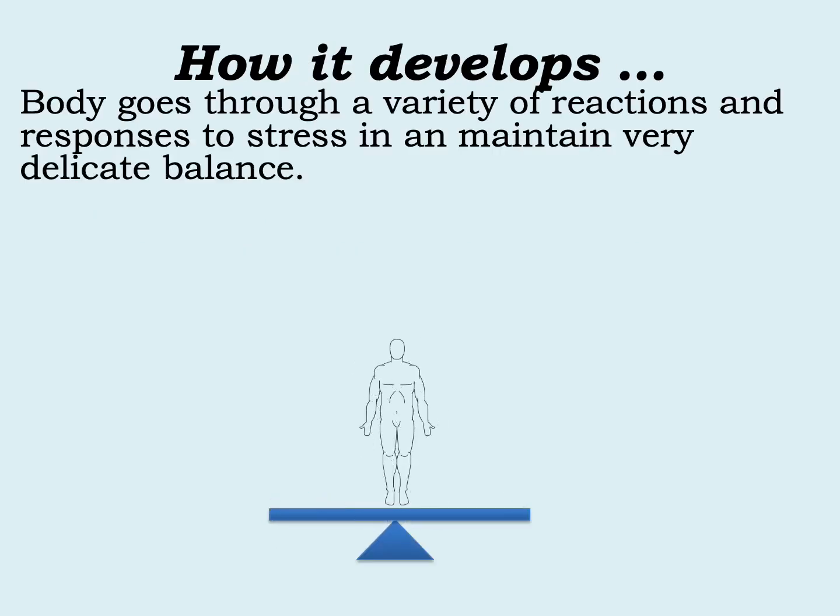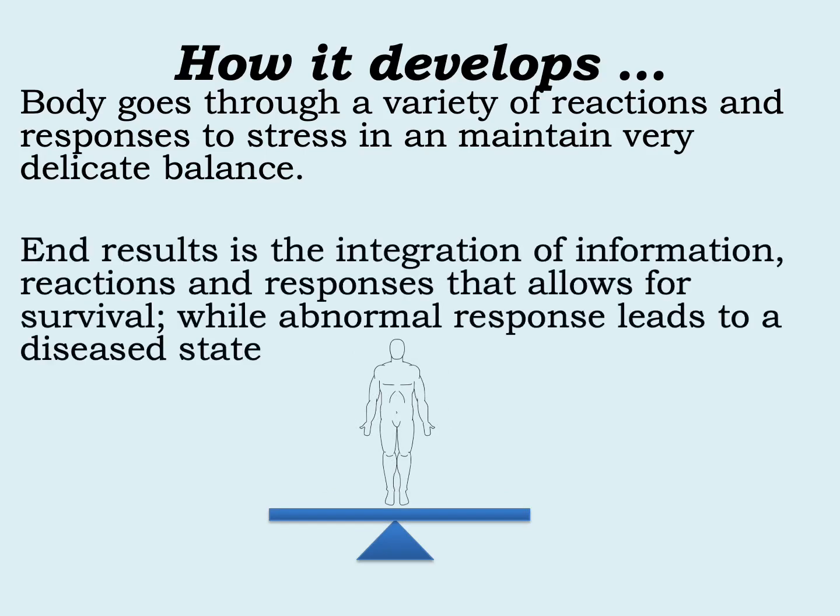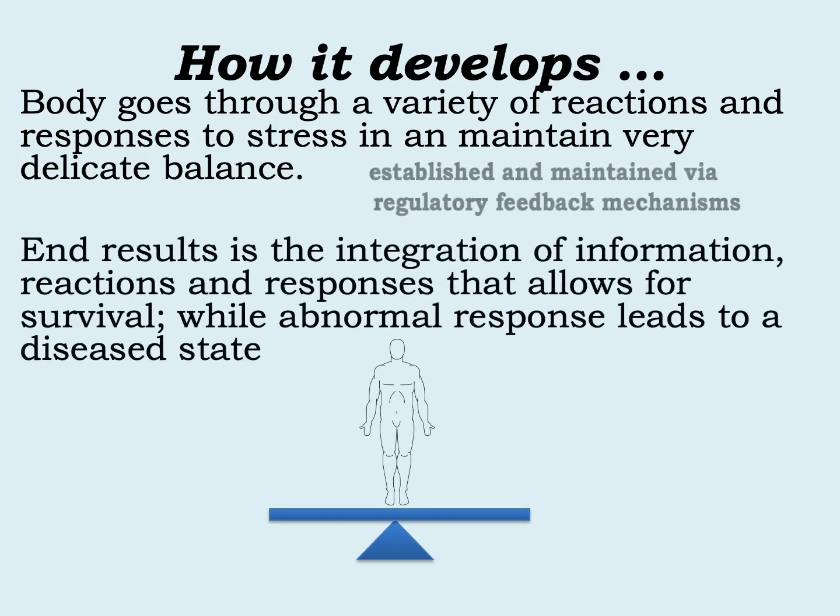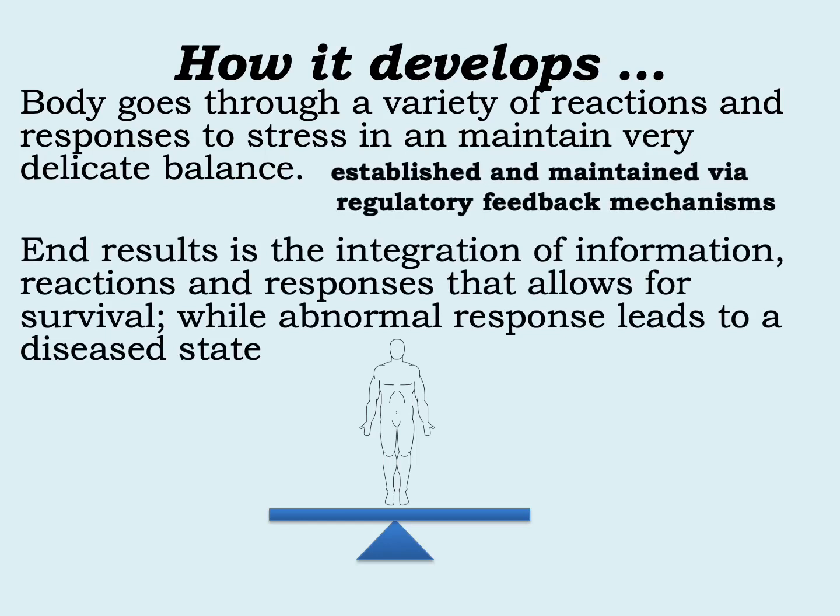The way in which homeostasis comes about developing is based off of a variety of reactions and interactions that are being placed upon it. The end result of all of this interaction is the ability to survive, where anything that is abnormal within the responses leads to a dysregulation, DYS regulation, and a diseased state.